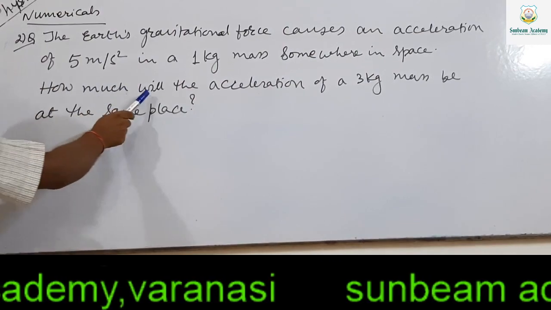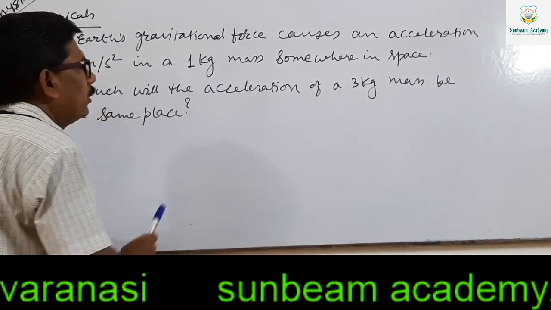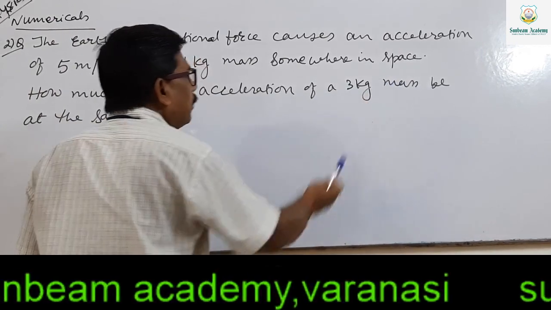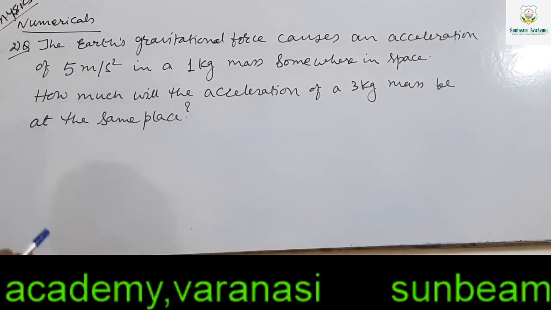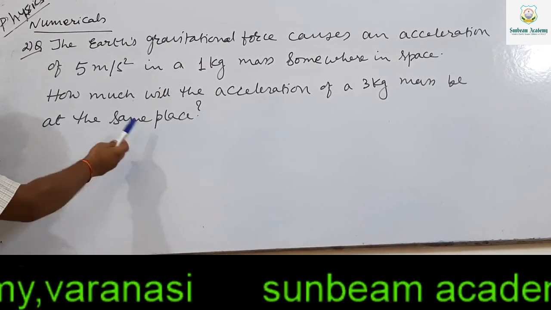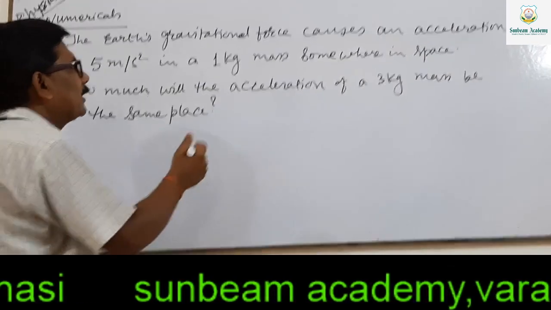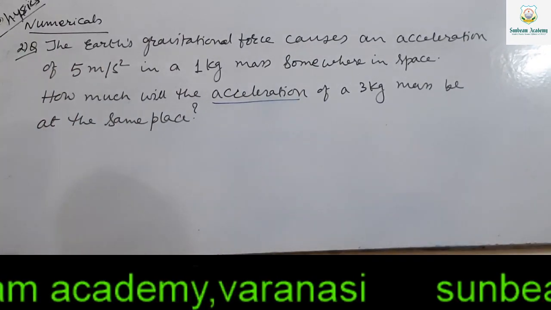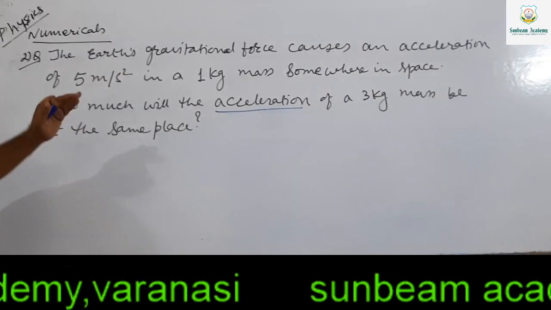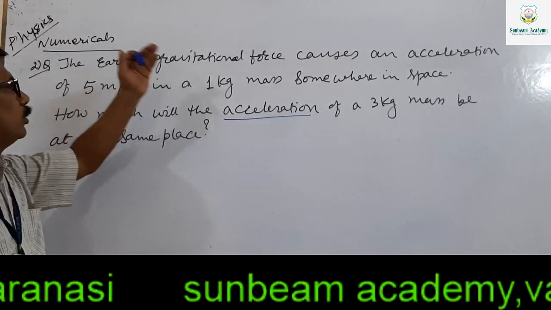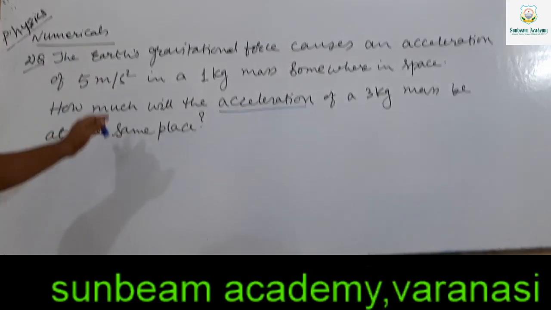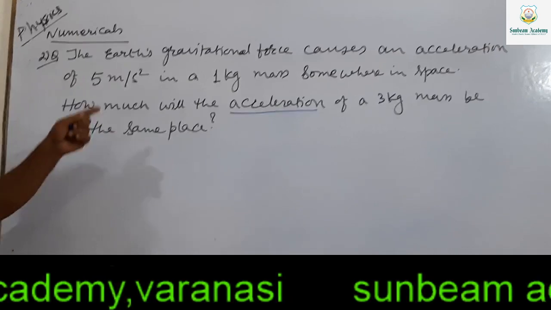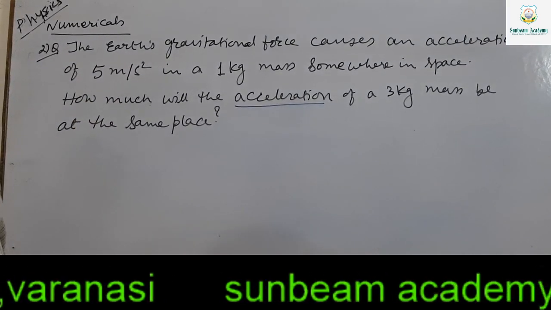How much will the acceleration of a 3 kg mass be at the same place? Means how much acceleration due to gravity will be exerted on the body of mass 3 kg at the same place.